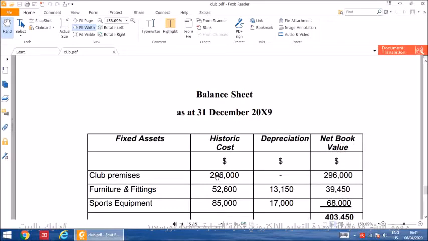Club premises 296,000, no depreciation, 296,000 net book value. Furniture and fittings 52,600, less depreciation 13,150. The difference between these two figures, 39,450.